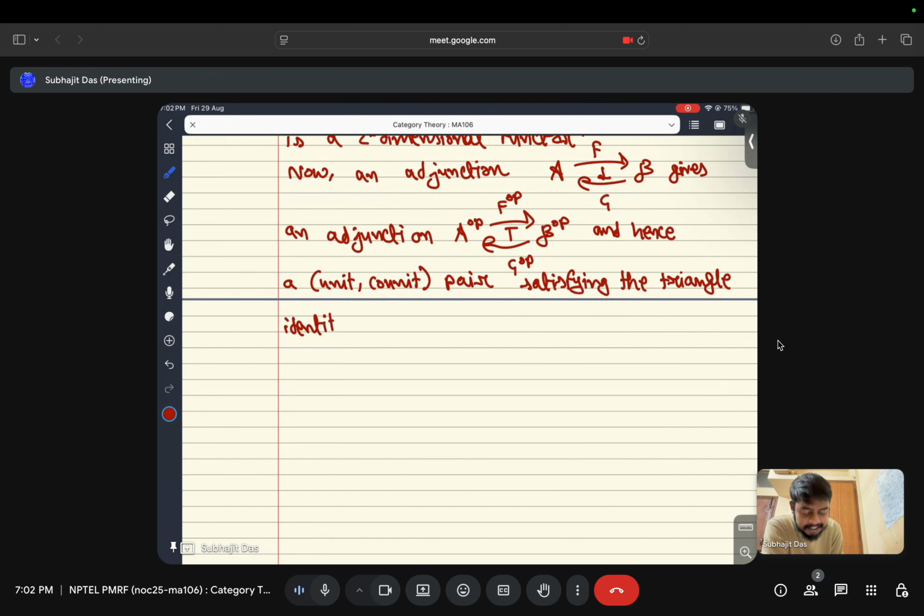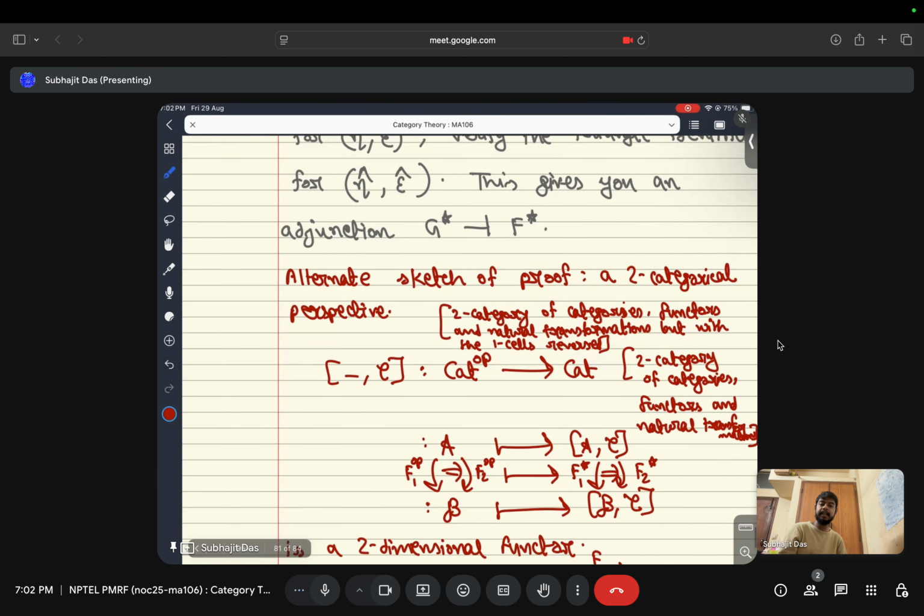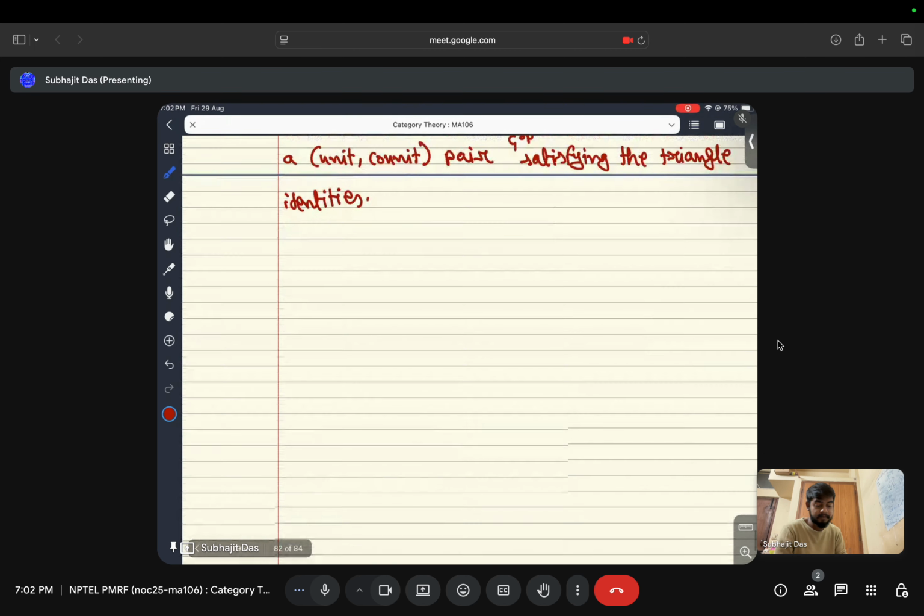The interesting thing is that the triangle identity is entirely an identity about the two cells, right? It's equality of natural transformations, that's all that it is. And since this is a two functor, it preserves compositions, so it should map the identity to some identity of the image two cells, really.